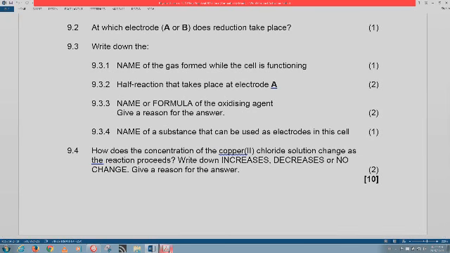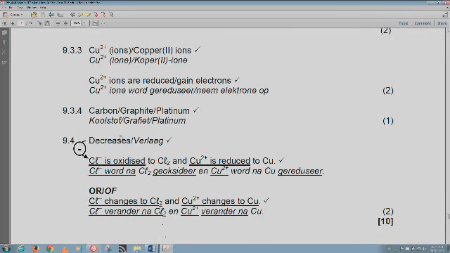The name of a substance that can be used as electrodes. So the name there can be carbon or graphite or platinum, but the names, colleagues, not the formulae.